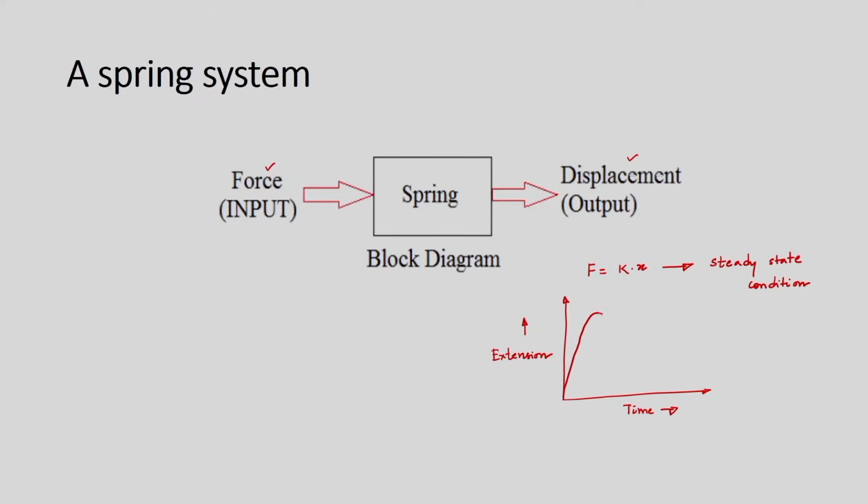However, this will not be the final extension or final value that we will be getting. The spring will oscillate and vibrate, and after some time it will get stabilized.